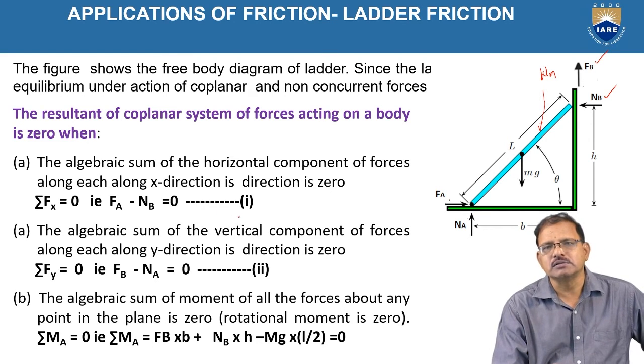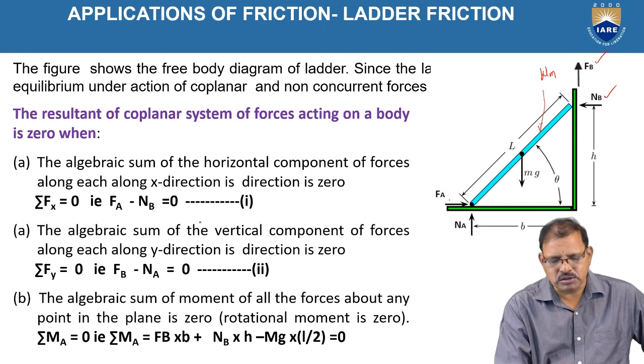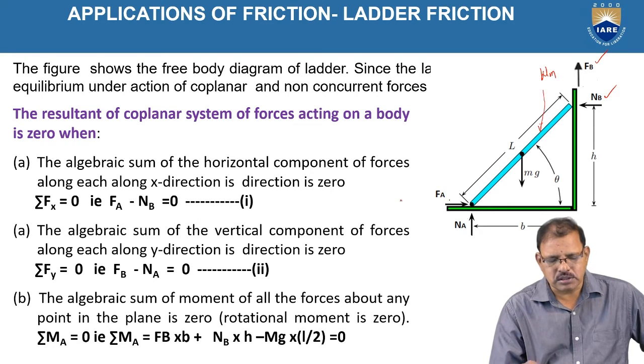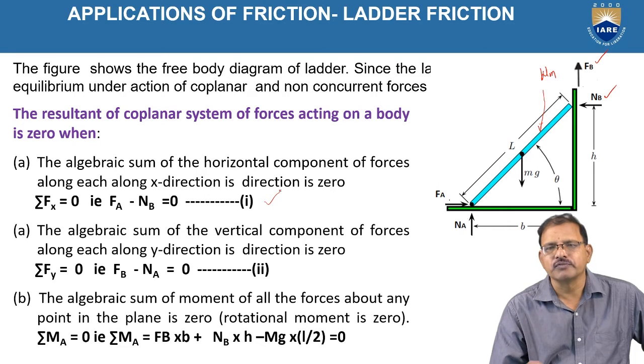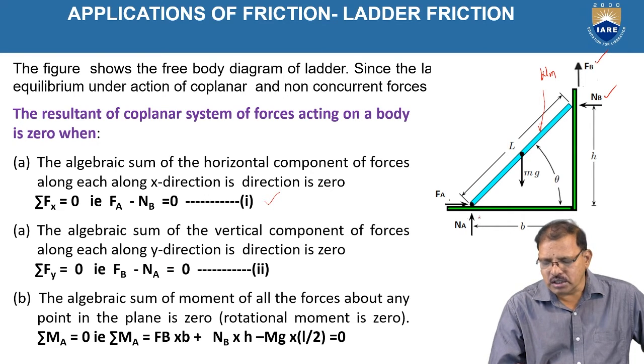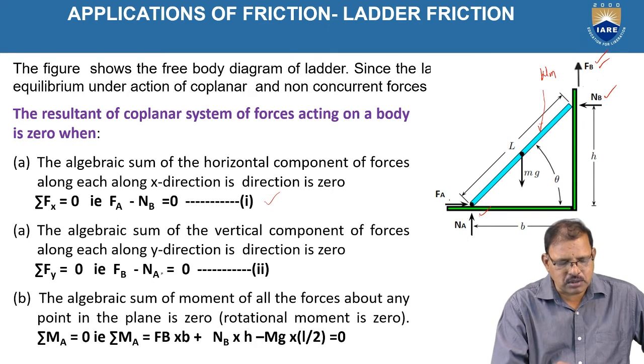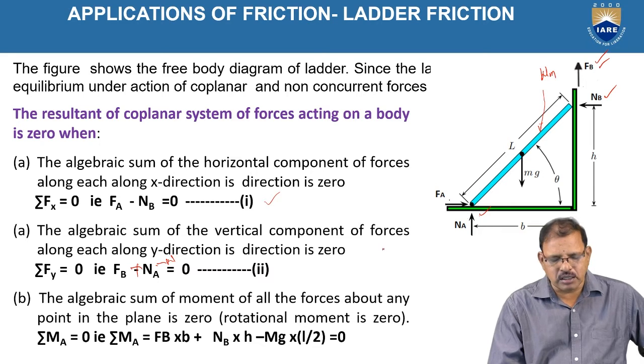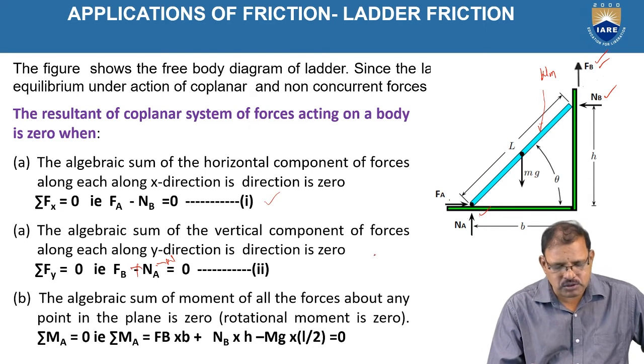According to the first equation, sigma Fx is 0, we have FA minus NB equal to 0. The second equation is sigma Fy equal to 0. NA is acting upward, FB is acting upward, but the weight is acting downward. So it should be FB plus NA minus W equal to 0.